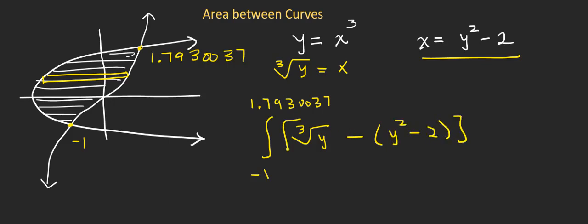And don't forget your dy. That's your setup, and you could use your calculator to find the answer. You get approximately 4.21493. Remember, you want to go at least 4 decimals on the AP exam. So this is good enough.